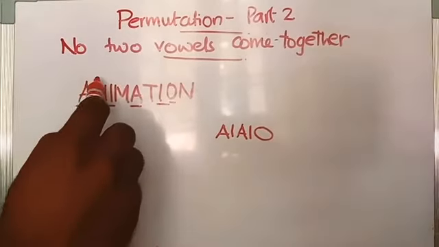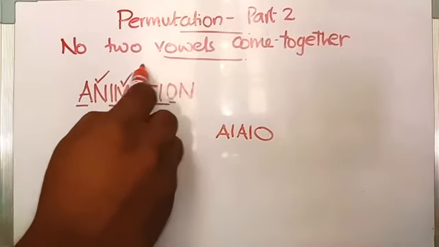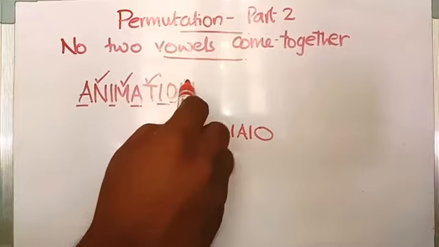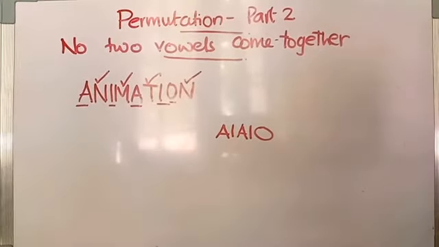And the consonants are N, M, T, N. N, M, T, N. Okay, now what we have to do is, in this case also, we have to arrange the others first.